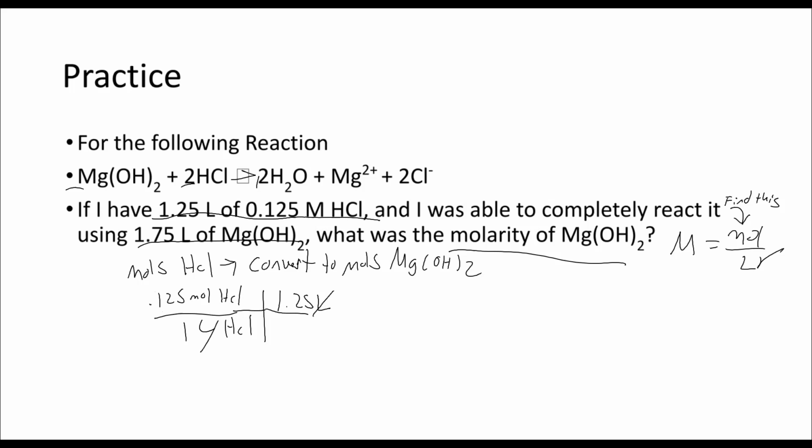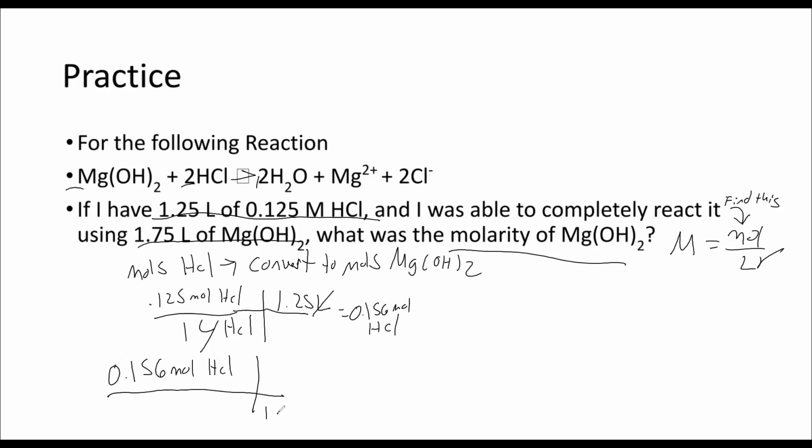And the amount of moles you have is 0.156 moles of HCl. Now I can use stoichiometry to convert from HCl to magnesium hydroxide.